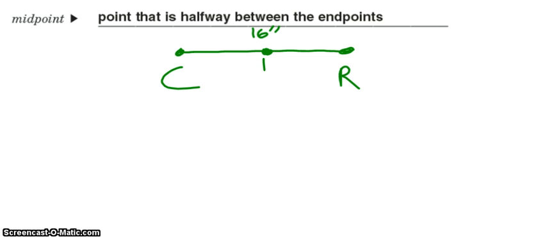And let's call this point B. If the segment from C to B is 8 inches, and the length of the segment from B to R is 8 inches, then B is the midpoint of those 2 points.